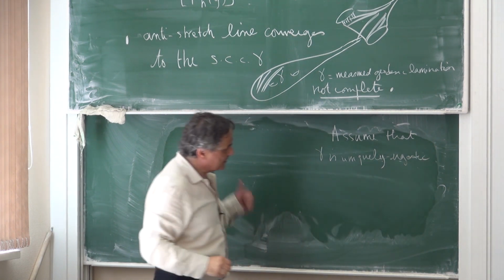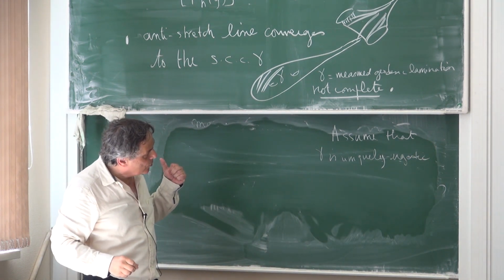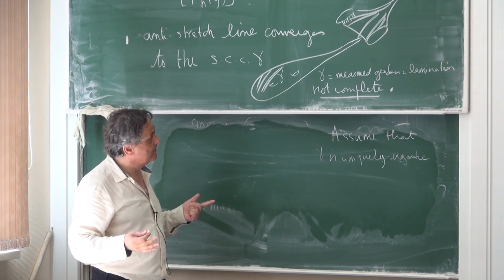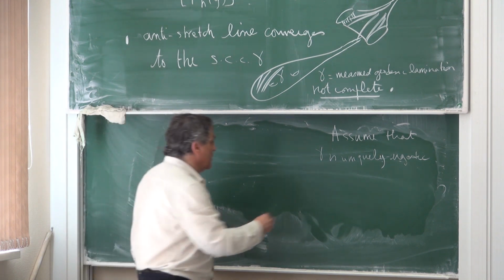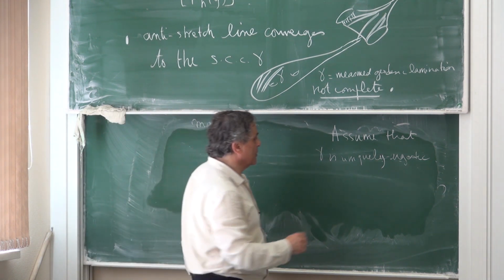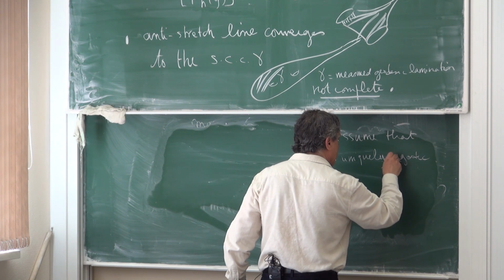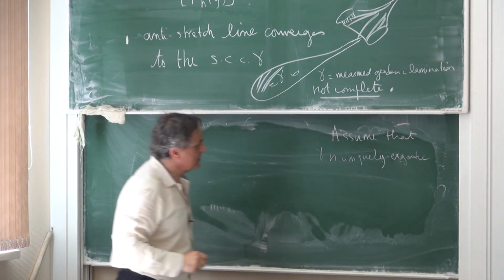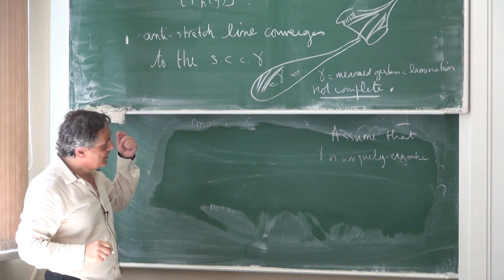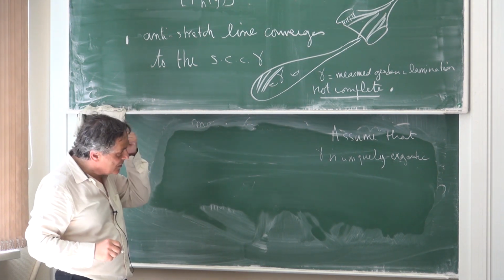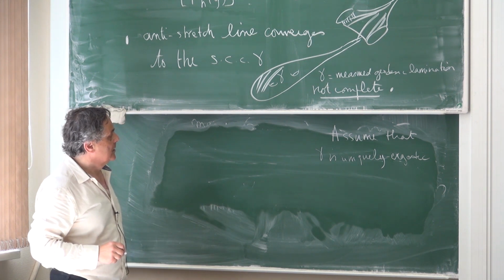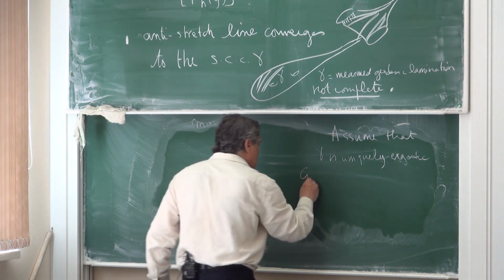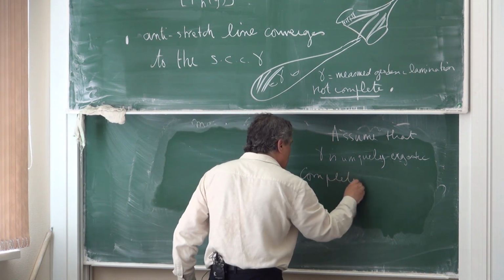That is, it carries only one transverse measure up to homothety. Uniquely ergodic means these are the foliations whose space of transverse measures consists of just one line.